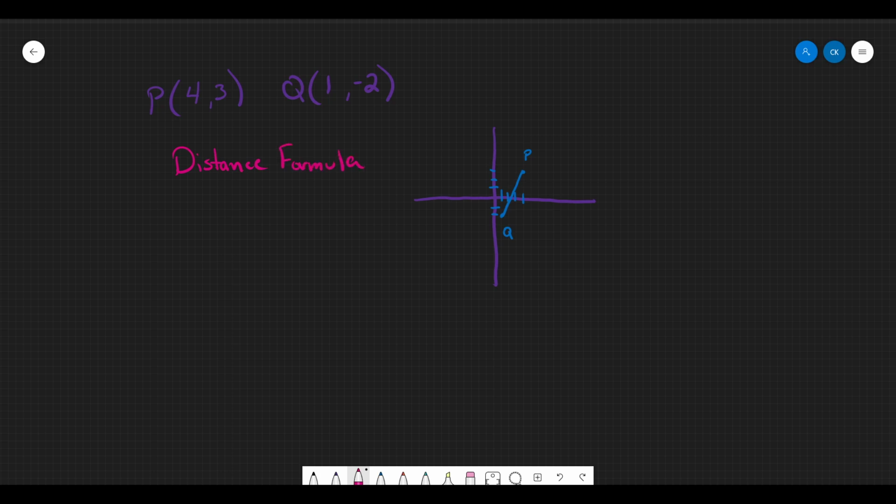And the distance formula says that the distance between any 2 points, where the first point we're calling x1, y1, and the second point we're calling x2, y2, the distance formula is d, which is the distance, equals the square root of x2 minus x1 squared plus y2 minus y1 squared.